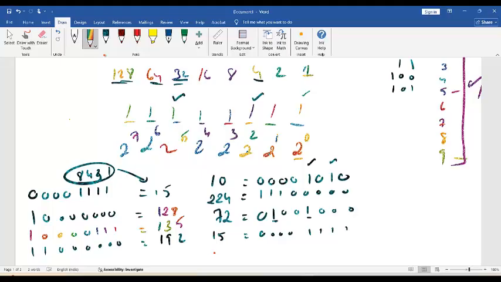Okay. So 195. 11000011. Exactly. Super. This is 192. We already saw it here.